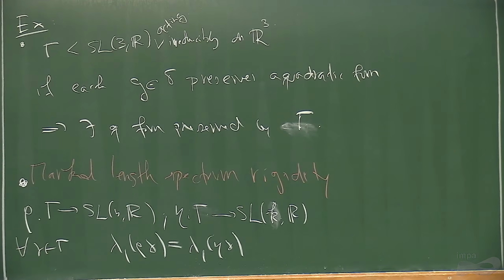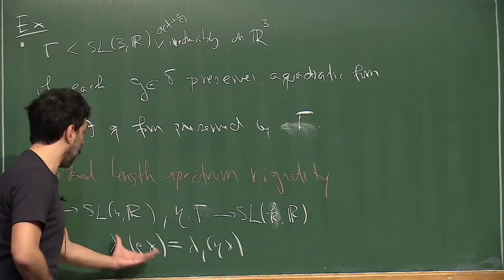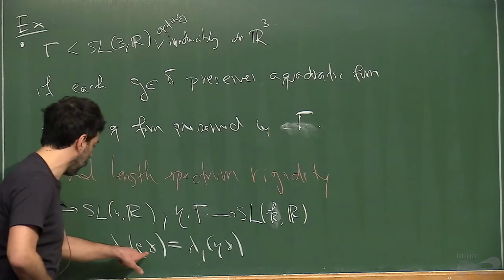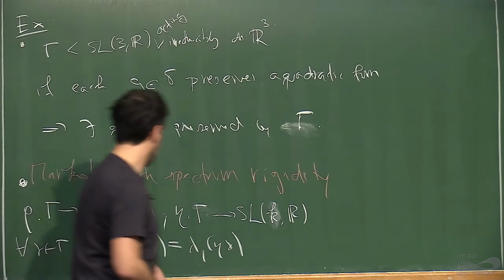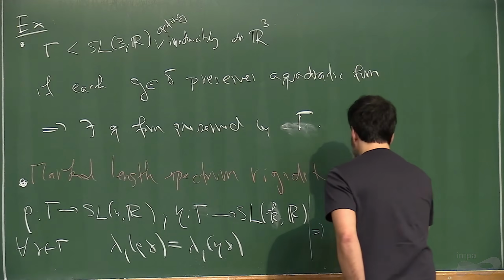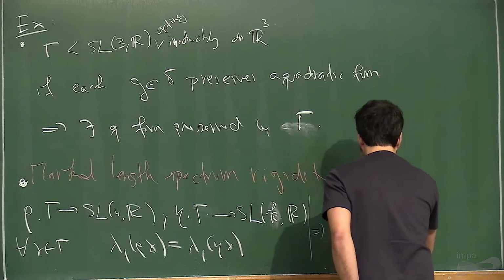This would be a Margulis length. So we fix λ1, the top eigenvalue, say, and we can consider this to be some sort of length of the curve. And if you have a coincidence in the length spectrum, so for every curve you have the same spectral radius, then the conclusion is that there exists an isomorphism.